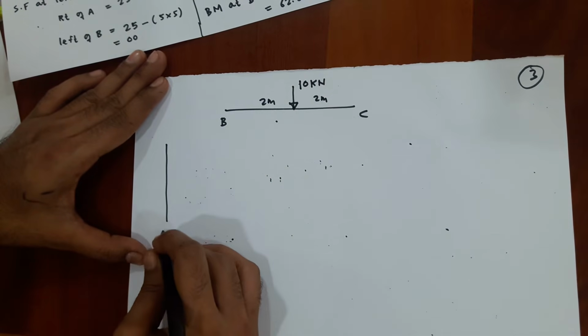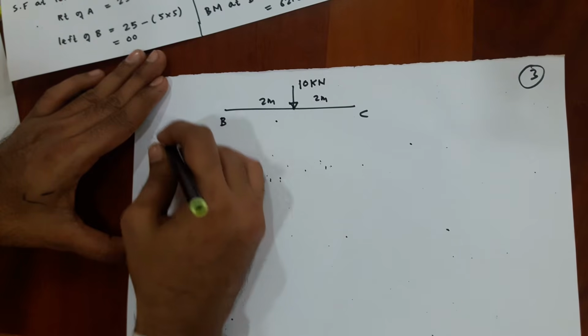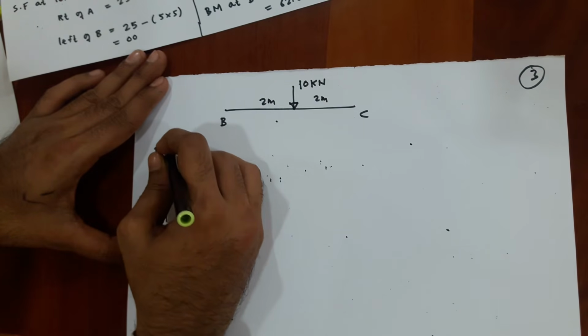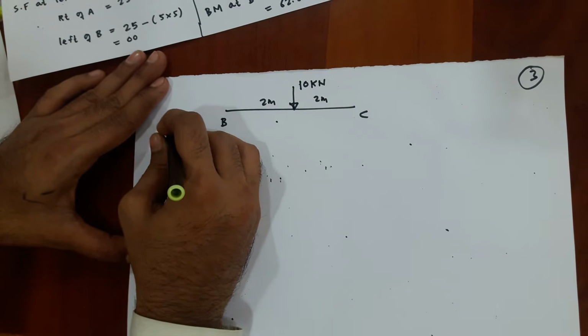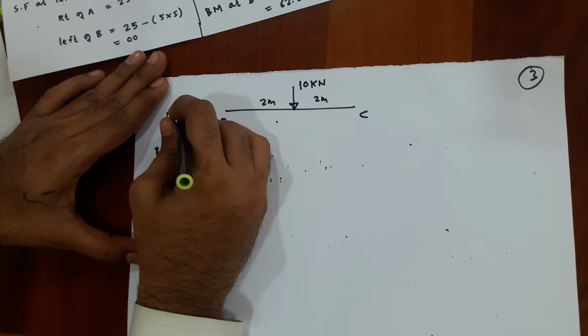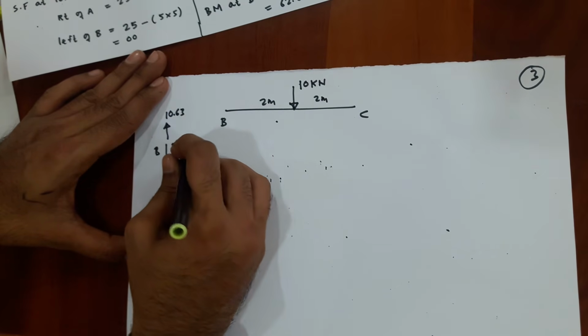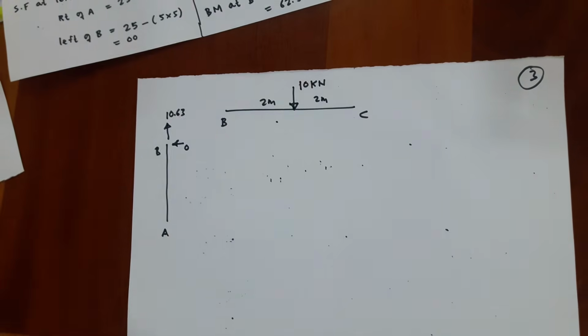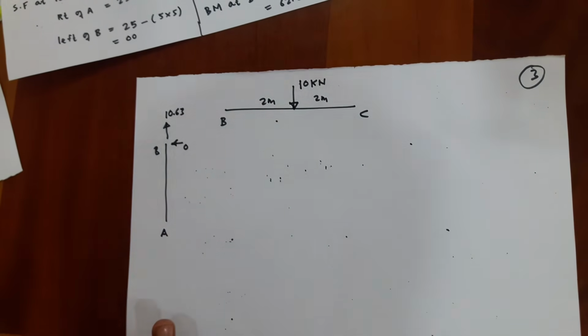We have the reaction at B of member AB: 10.63, and this is 0.